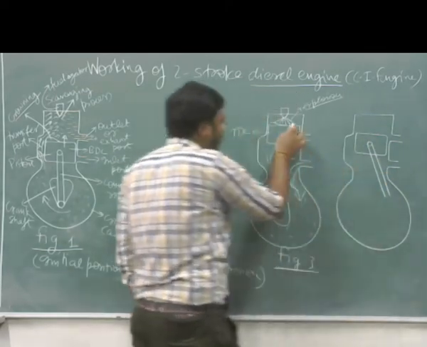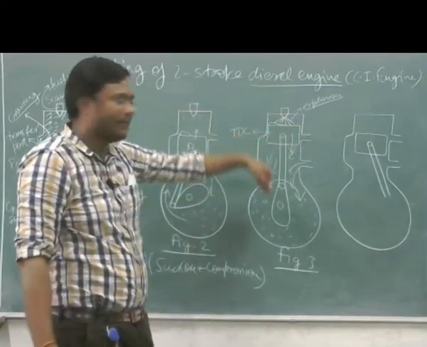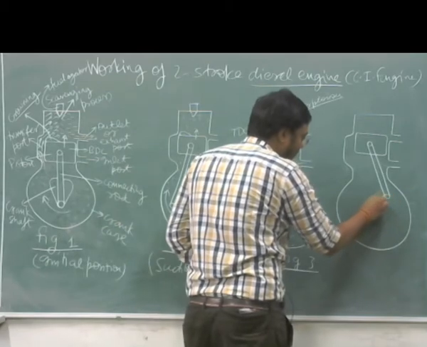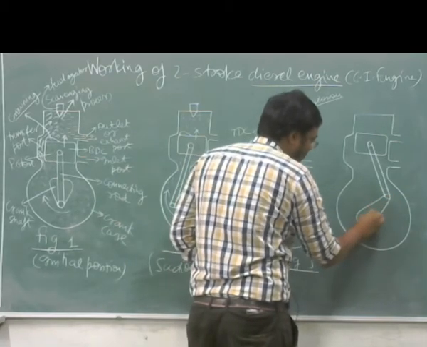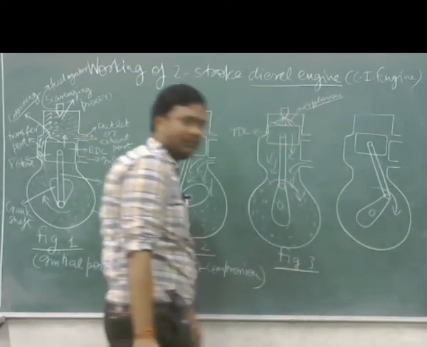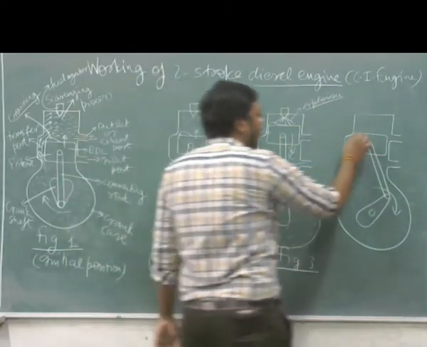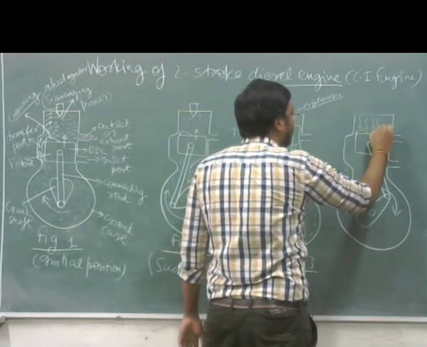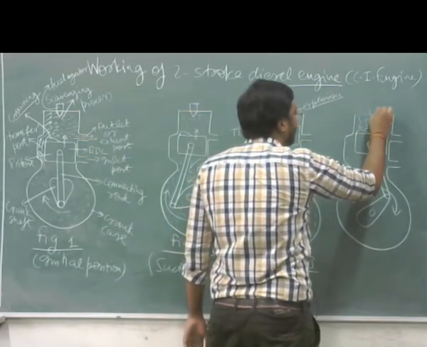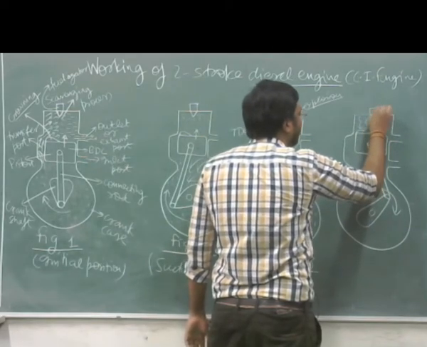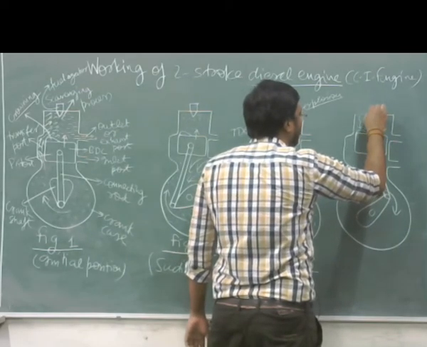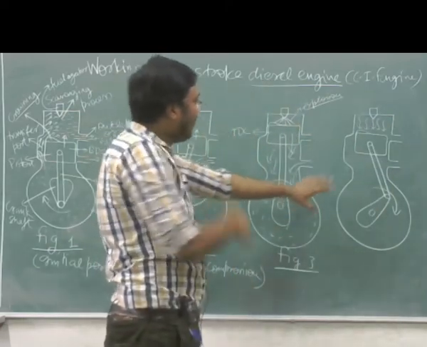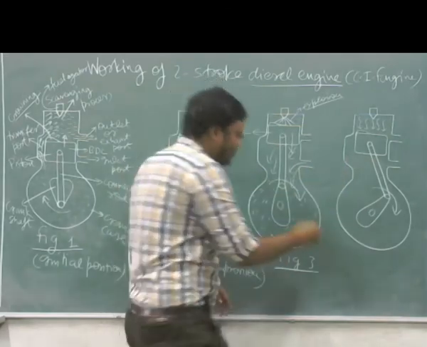When this piston moves a little bit downward, this crankshaft will also rotate a little bit in the clockwise direction, and expansion of gases takes place here. This is figure 4.